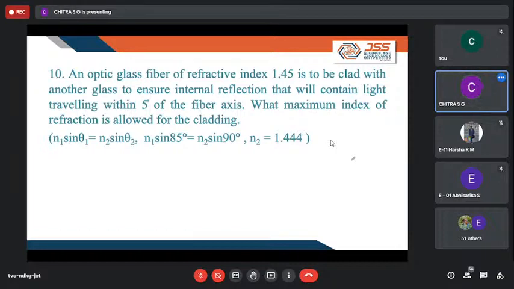Full stop. What maximum index of refraction is allowed for the cladding?